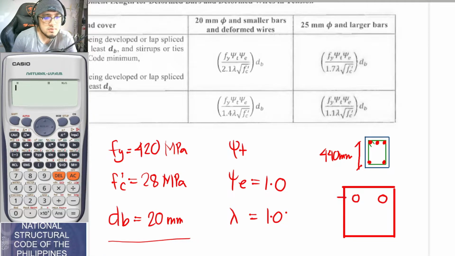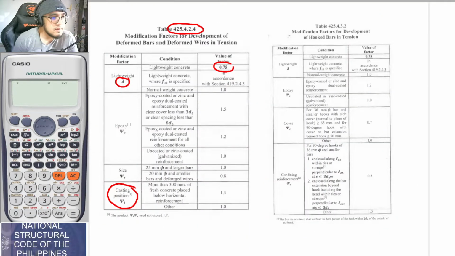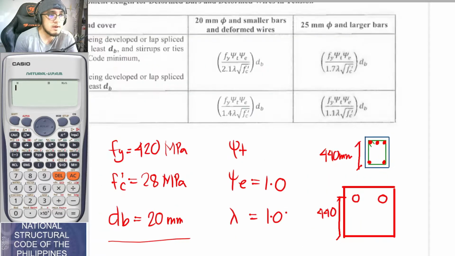So let's say that this is to be the centroid. This is to be 440. But as per indicated here, for this provision, this is not to be the center to center spacing. This should be from the bottom of the rebar up until this point.